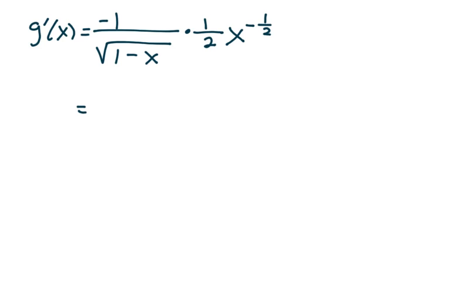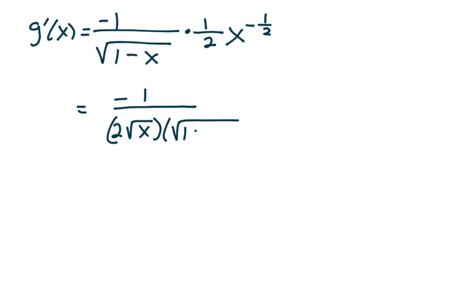And so this is negative 1 over 2 square root of x times square root of 1 minus x. And I will leave it up to your instructor as to how far they want you to simplify. And so we'll leave 68 right here. So I would ask your instructor as to how far they want you to simplify with that particular problem.